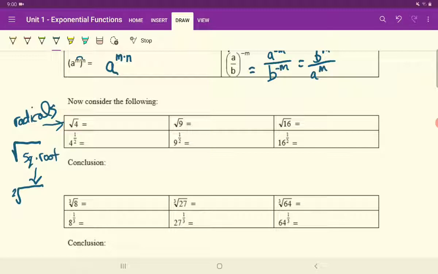Whenever we see a root bracket like this with no number in the corner, it actually means that number there is 2 because it's a square root bracket. And so if you see something with a 3, that's called a third root, right? If you see something with a 4 in the corner, that's called a fourth root.